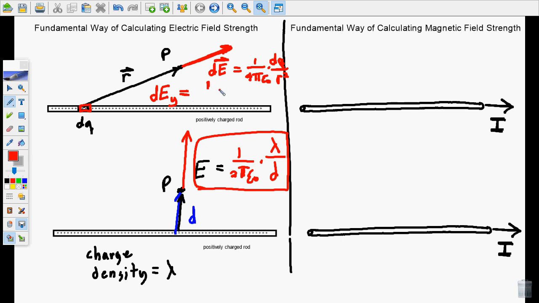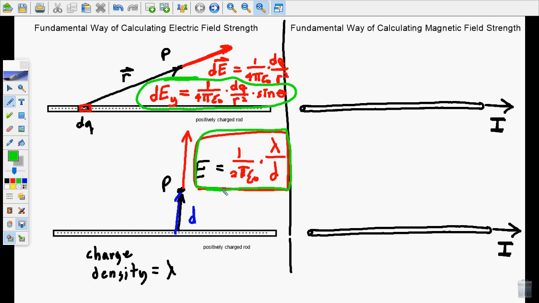Yeah, that expression times sine theta: 1 over 4 pi epsilon naught times dq over r squared times sine theta. This was our starting point. And we added all these up. We integrated the dE_y's, and then this was our final answer. All right, that's our little blast from the past.